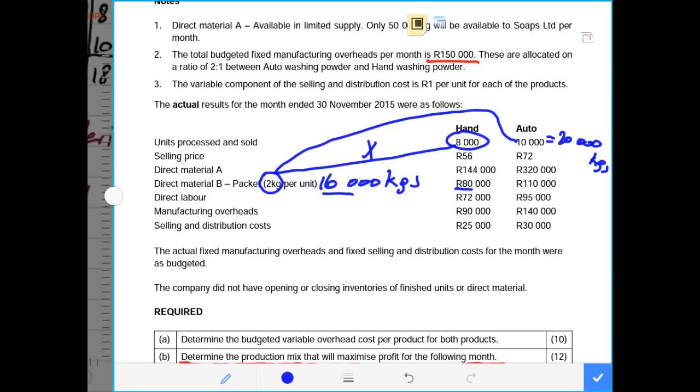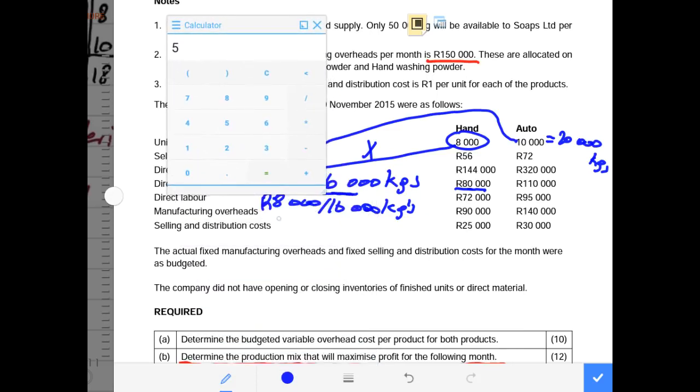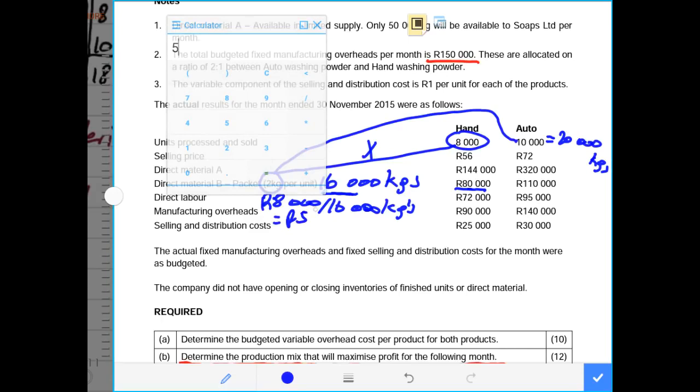If I say total cost divide by total kg, I'll get the actual cost per kg. If I say 80,000 divide by 16,000 kgs, I will get 5 rand as the cost per kg. So now my 5 rand will be 5 rand per kg.